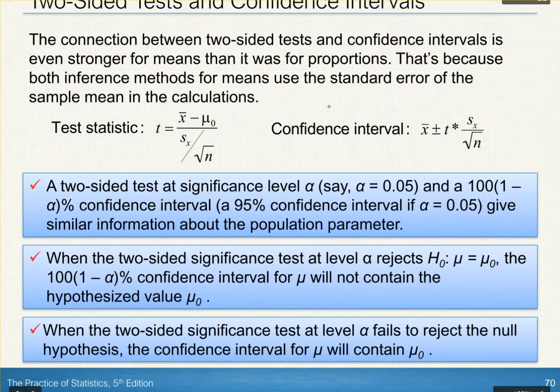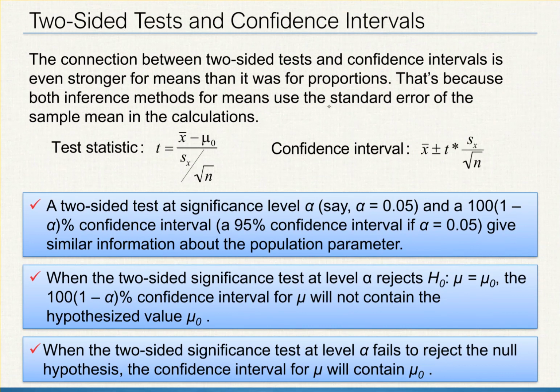All right, so in 9.2 we talked about how similar two-sided tests were with confidence intervals. Well, the same thing happens when we're talking about the sample mean in the calculations. So basically, look at these formulas.